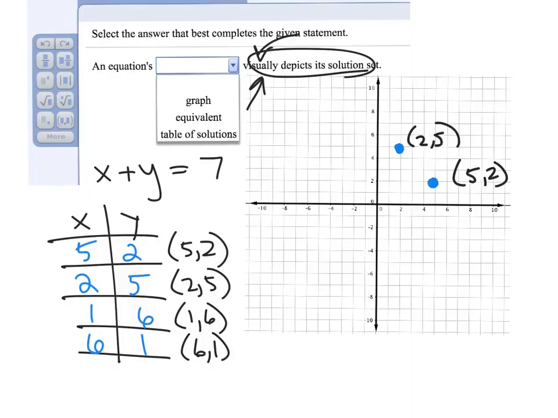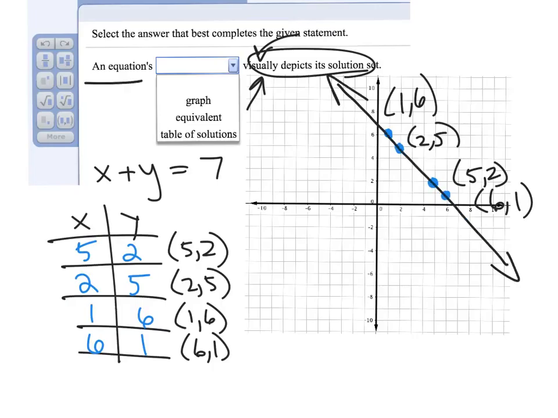And then (1, 6) is going to go right here. So that's (1, 6). And then lastly, (6, 1) is going to go here. So that's (6, 1). And again, what do you notice about all those dots? Well, they're forming a straight line. And that means you know you've done it correct.